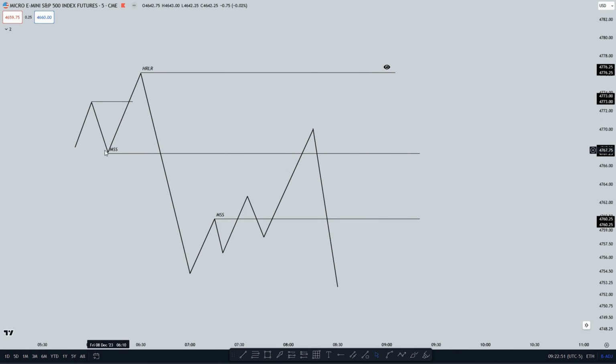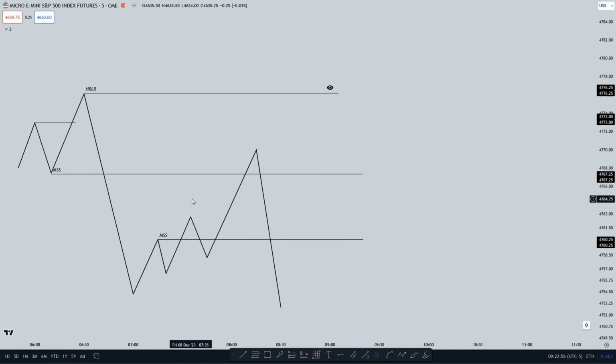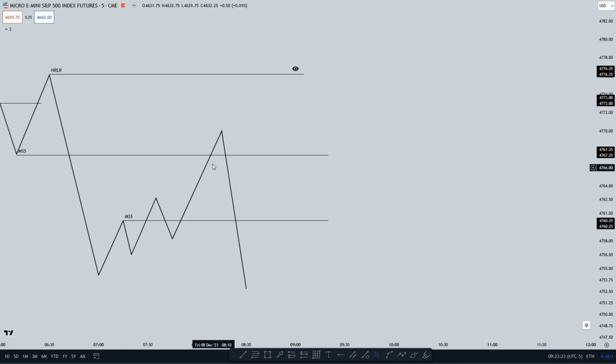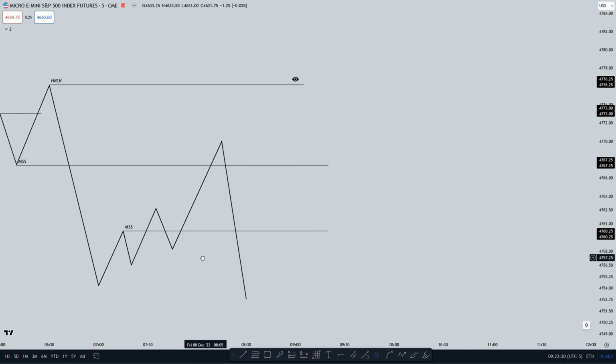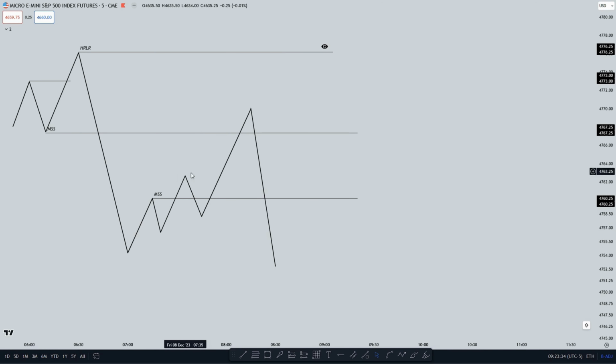This range from this low to this high, there's low resistance liquidity. So that means it is easy for price going higher and taking out the highs that we form on the way, because there's going to be buy stops at these highs.